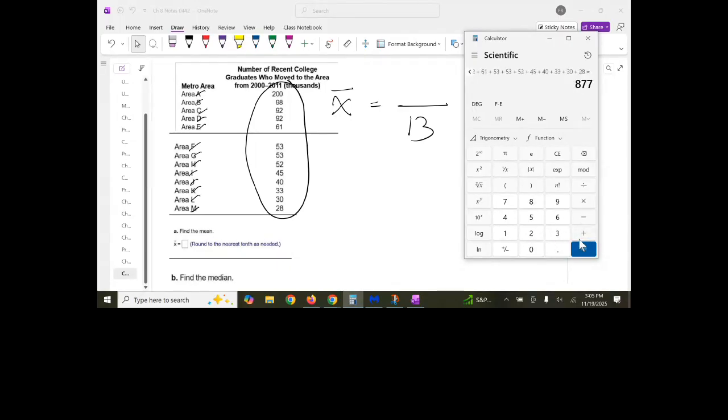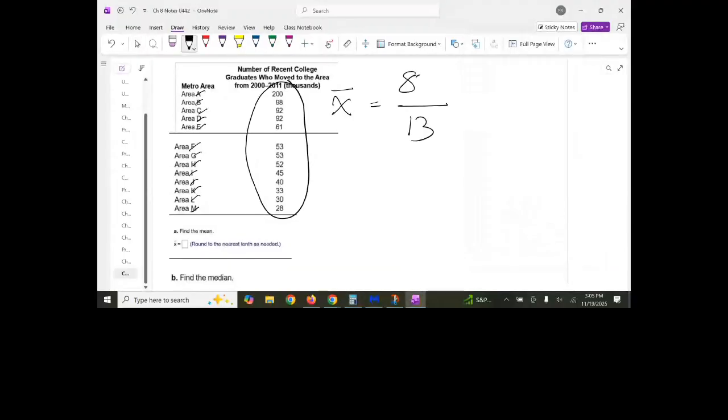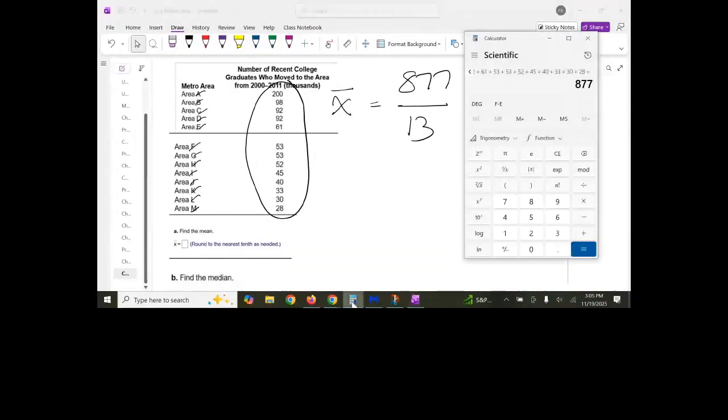Okay, so I added them all up, y'all, and I'm coming up with 877. And what I'm going to do now is take 877 and divide this by 13.